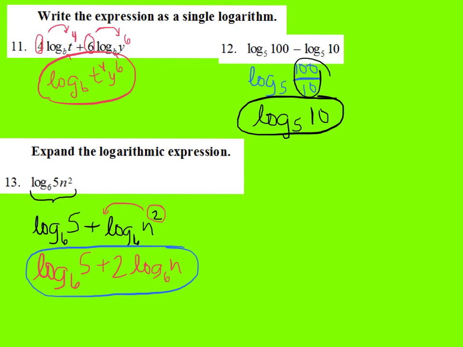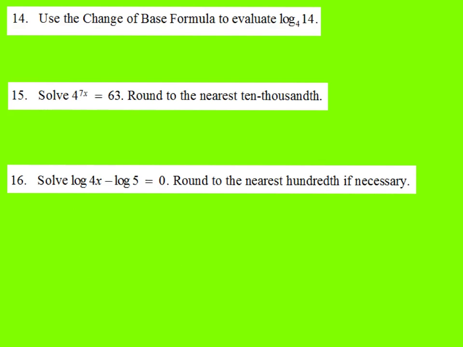Alright, the next problem says use the change of base formula to evaluate log base 4 of 14. So what that means is I'm going to think back to my change of base. Remember, for change of base, we want our base down low. So I'm going to rewrite this as log 14 over log 4.